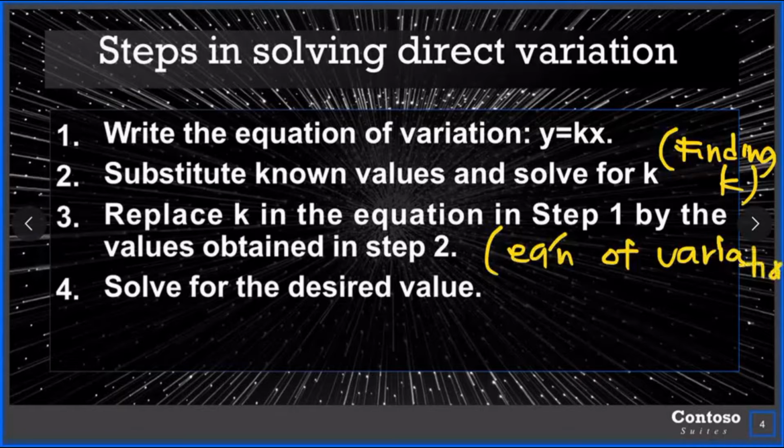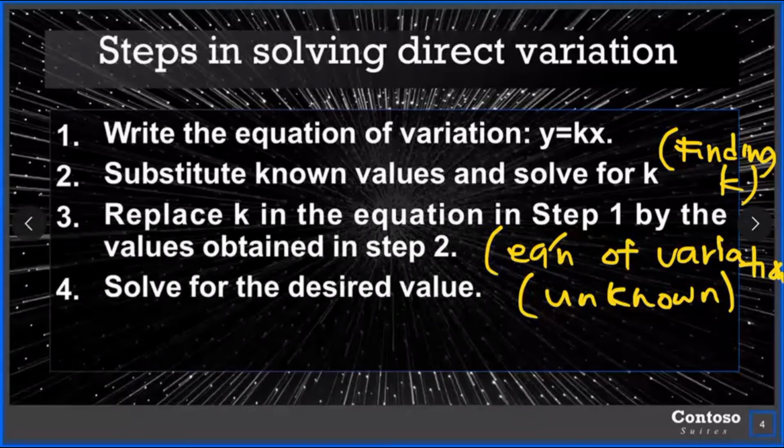And in step number four, we solve for the desired value. In simple words, we are identifying the unknown, or the quantity that is being asked, or the missing value. So these are the four steps in solving direct variation.